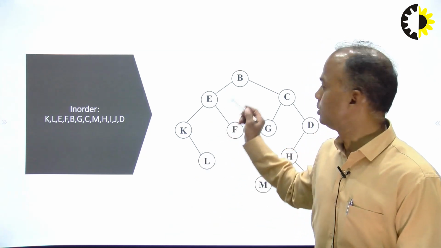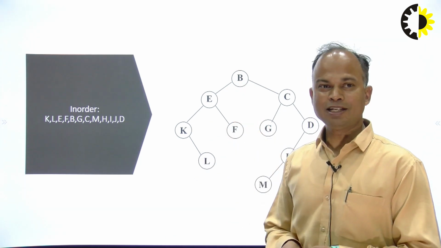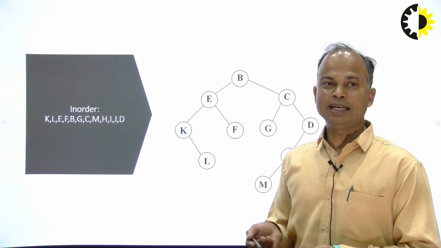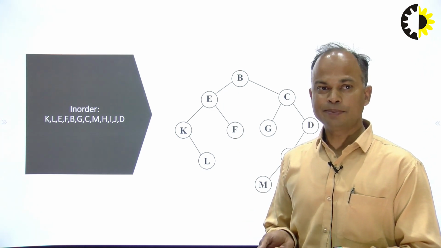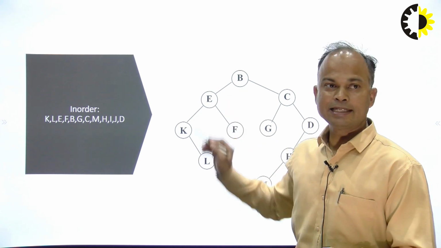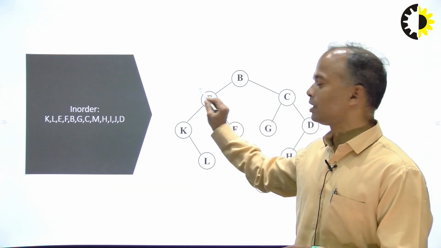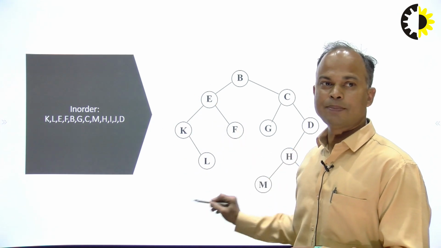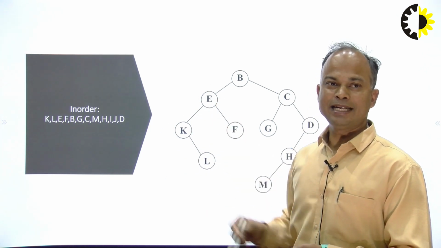So B is your root, and we cannot visit B first. Before visiting B, we need to visit the left subtree in in-order sequence. We are here at E. E is the root of this subtree, so we cannot visit E.